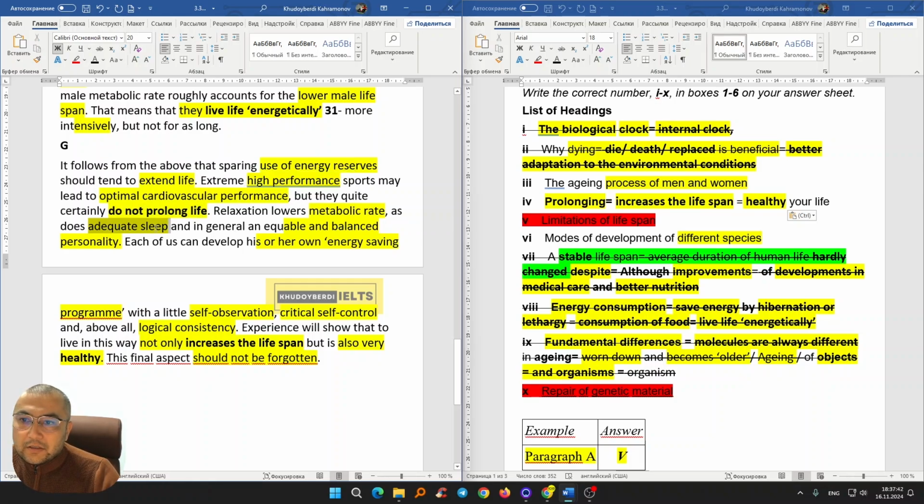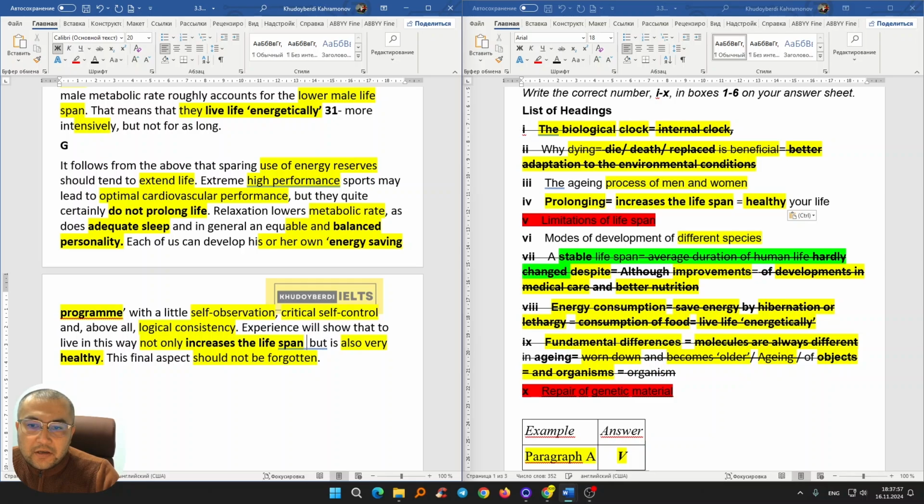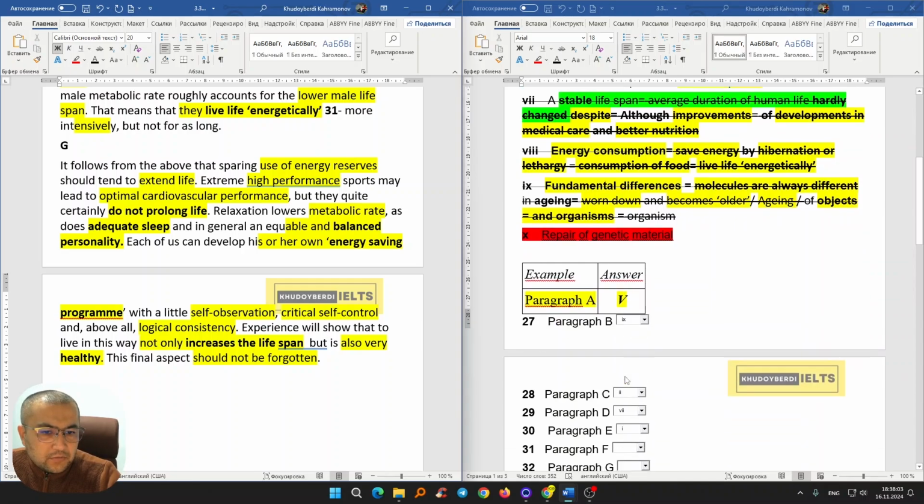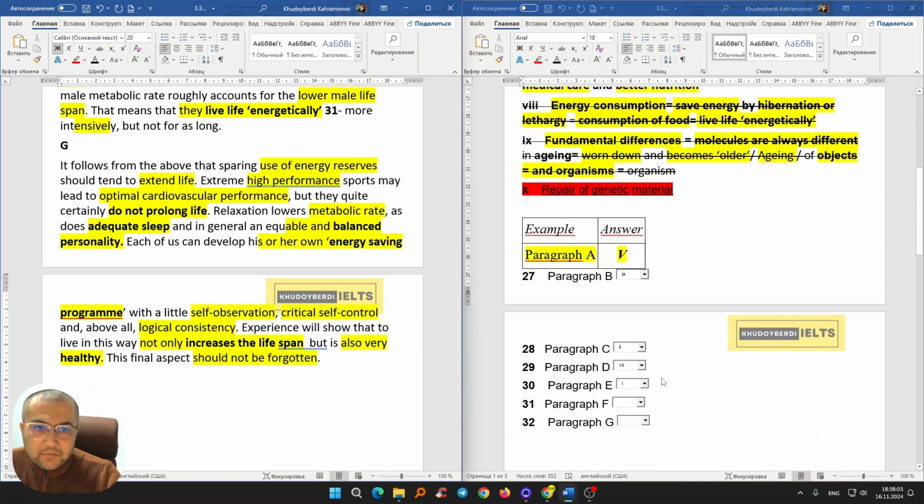And as long as you have adequate sleep or a balanced personality, and each of us can develop our energy saving program, which can help us to live longer, right? So this paragraph is talking about prolonging our lifespan.